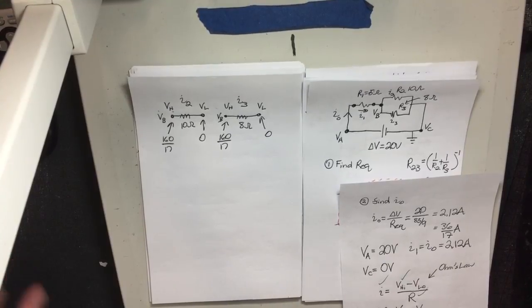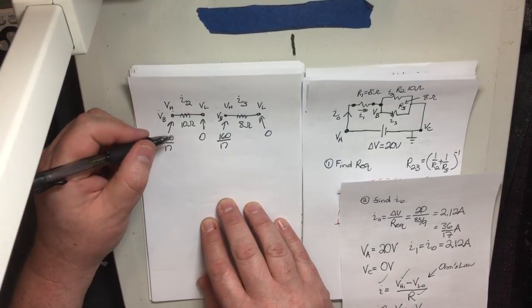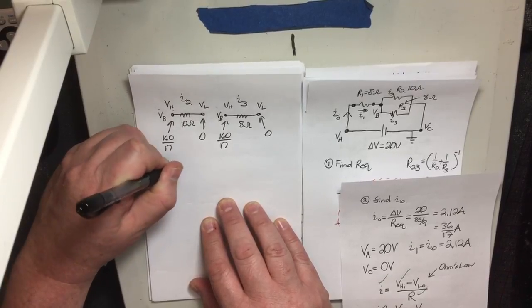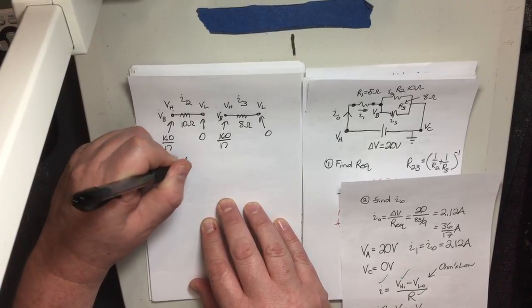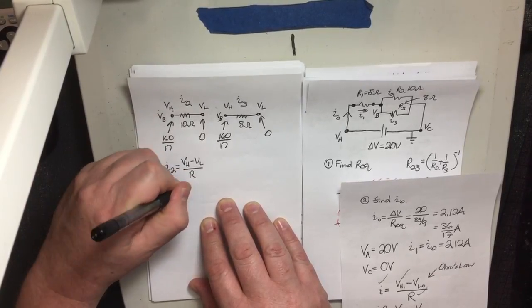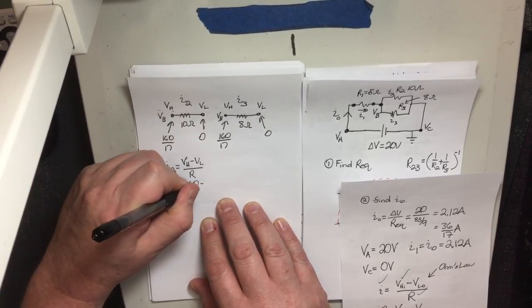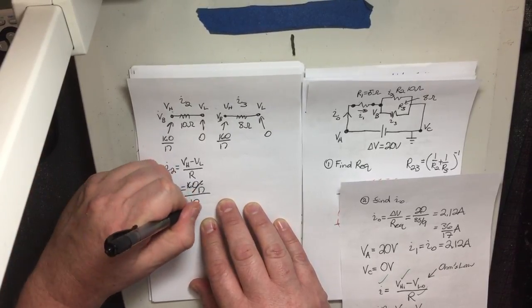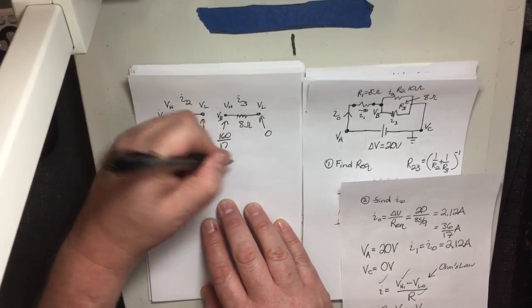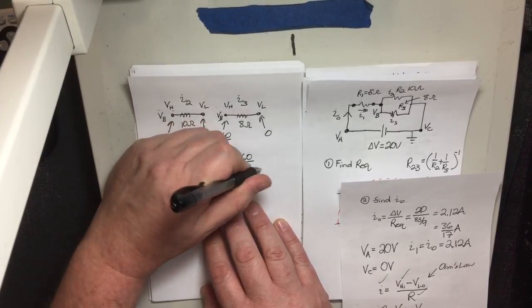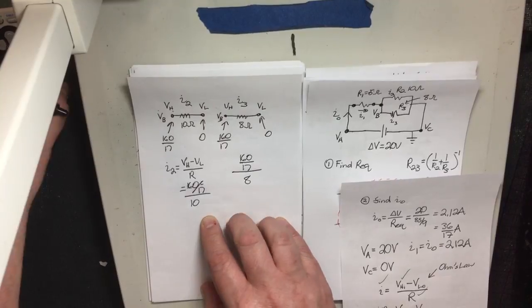All right, I got 3 minutes, so I'm going to speed it up. The I2, V high minus V low over resistance, 160/17 divided by 10. Here it is 160/17 over 8.